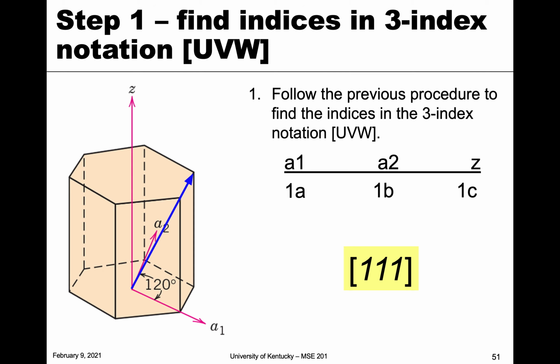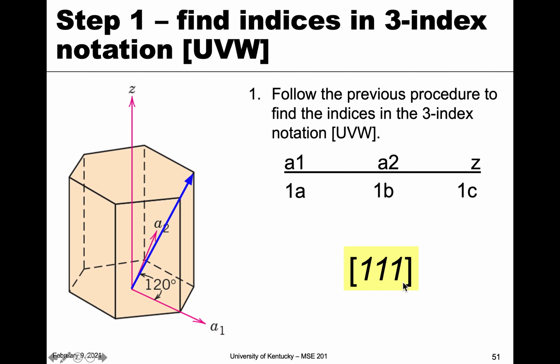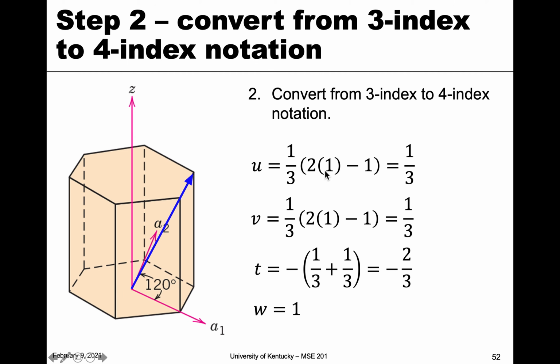That's our point, right? But again, other directions are not going to have the same permutations, and so we want to convert. So I'm going to use those equations that I had in the previous slides, and plug in my values, which are UVW, the capital version that you see here. If I plug those in, those were all 1s. So I've got a 1 here, a 1 here, 1 here, and 1 here.